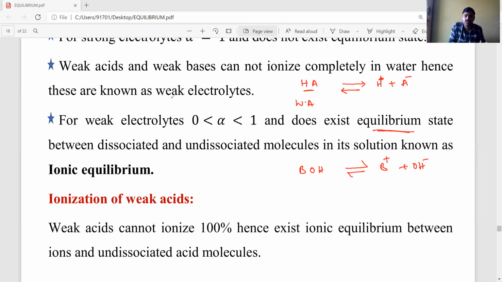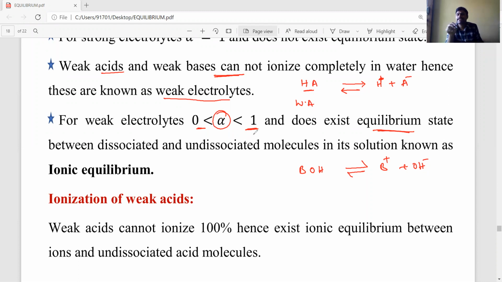Those are known as weak electrolytes. Weak acids and weak bases cannot ionize 100%, that's why they are known as weak electrolytes. For weak electrolytes, the alpha value is more than 0 and less than 1.